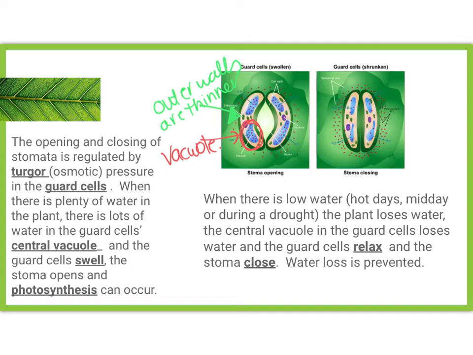So as they increase in size, they increase outwards and open up. When they are shrunk, they close up because the vacuole isn't quite as large. Okay, and so the swelling goes down and the cells close up.